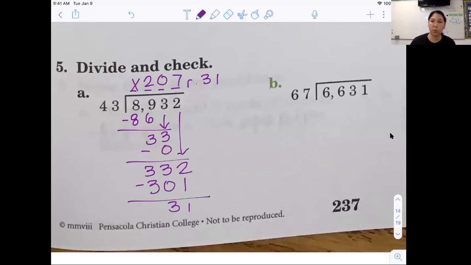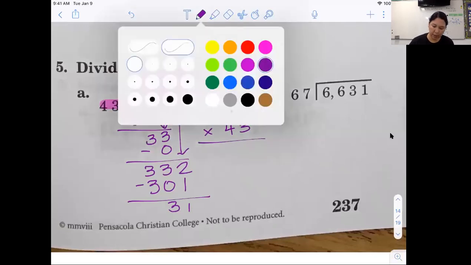And I'm going to check by multiplying. Okay, so what am I going to multiply? 207 times 43, right? 207 times 43. Okay, here we go.